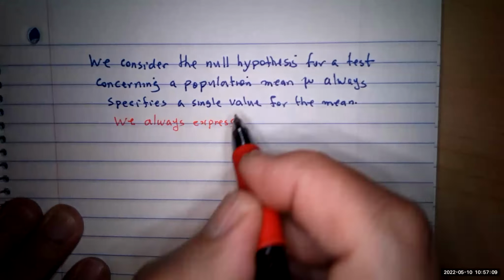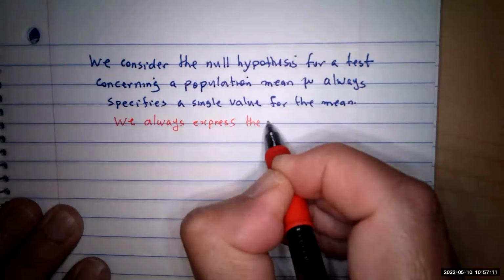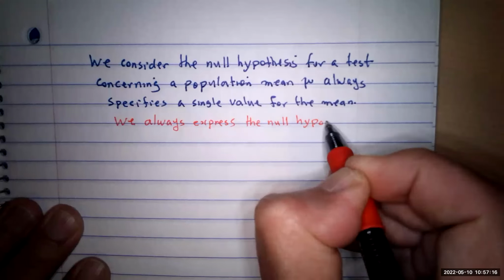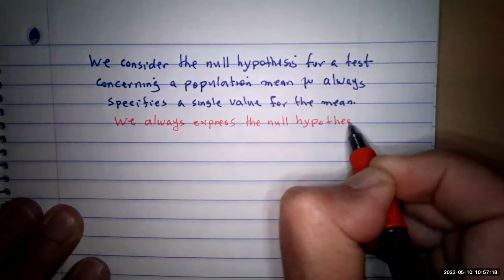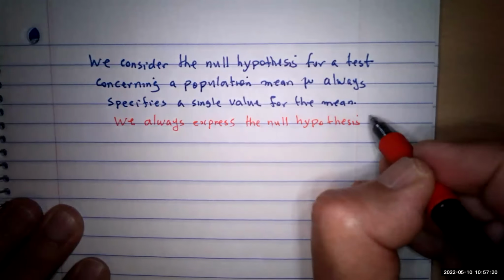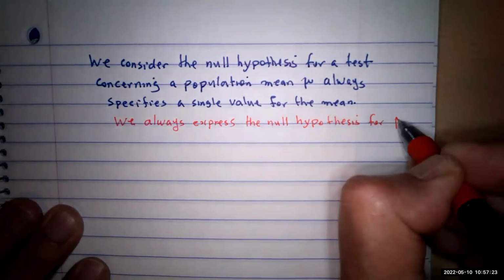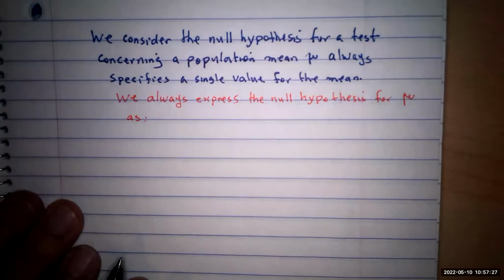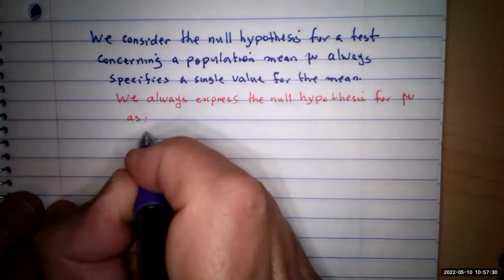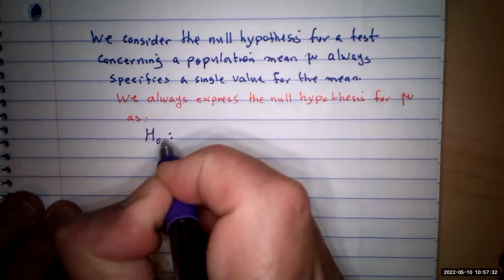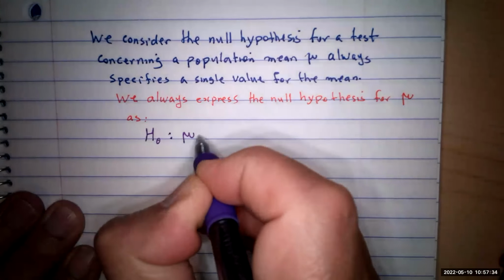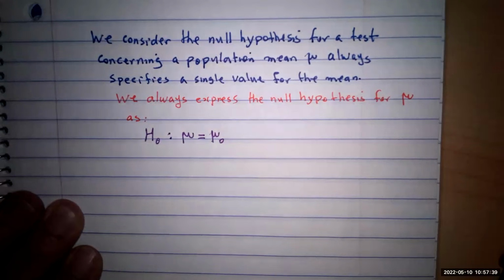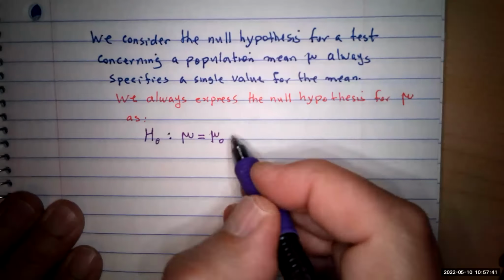So we always express the null hypothesis, we fix it, for mu as following: h0 is the statement that mu is equal to whatever is given to you. We call it mu0. Mu0 is going to be the given number.